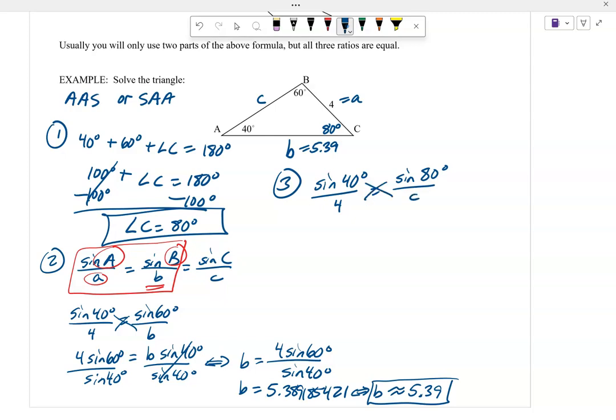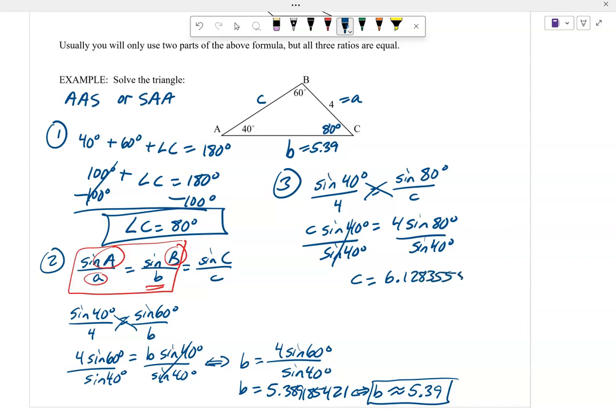And let's go through that same process. C times the sine of 40 degrees equals 4 sine of 80 degrees, divide both sides by sine of 40 degrees. And we got C equals, and then I punch this in. Let's see, 4 sine 80. Let's see, we got right here 6.1283554545. So about 6.13.